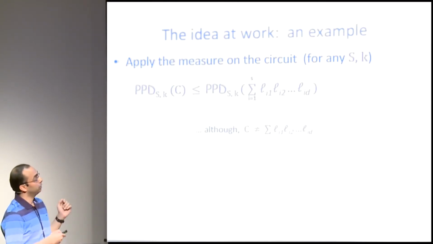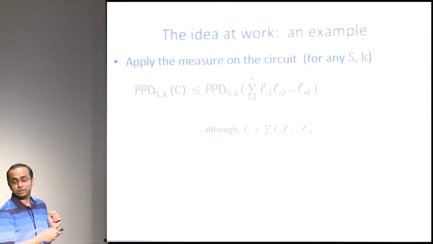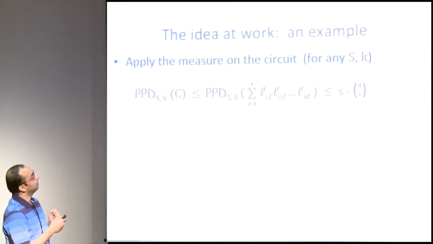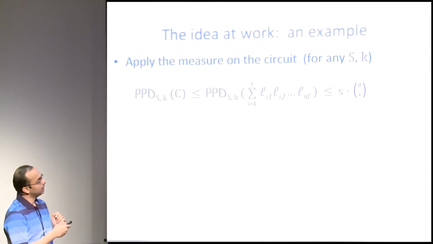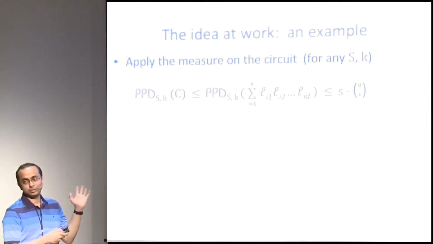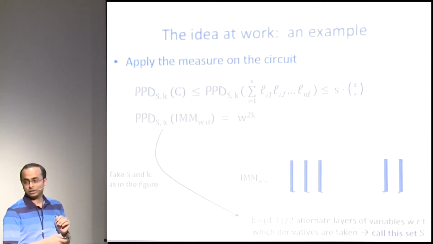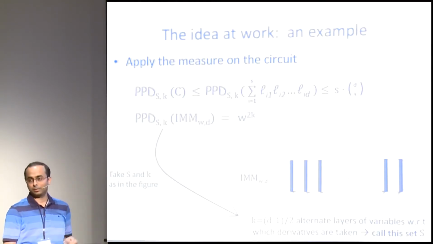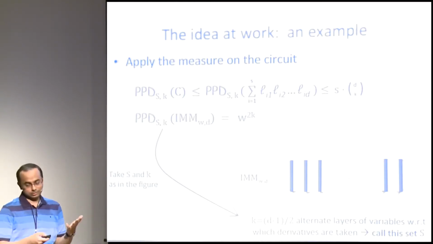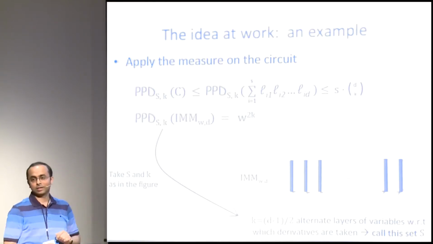And what we have, although you see that C is not equal to the homogeneous depth-free circuit, right? So which means that despite the fact that C is not being exactly computed by this, I can use an upper bound for this to get an upper bound for C. Right? And getting an upper bound for this is exactly like before. You just apply the partial derivative measure and it will touch k of them at most, and then set everything in S to 0, and S is a fixed set. So that's why it works.